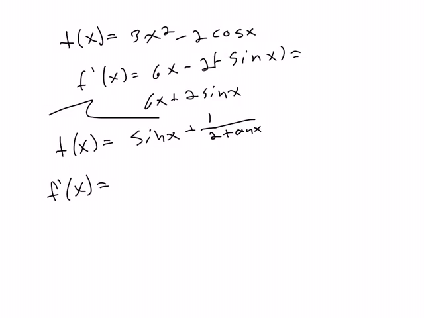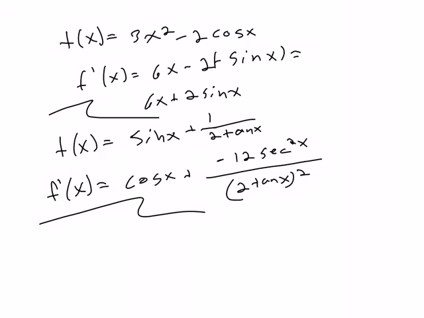So now we get cosine x, and then using the quotient rule, we're going to have plus, and then we're going to have a negative, right, because it will be tangent times the derivative of 1, which is 0, minus 1 times the derivative of 2 tangent, which is 2 secant squared x, over 2 tangent x squared. Okay, that's that.